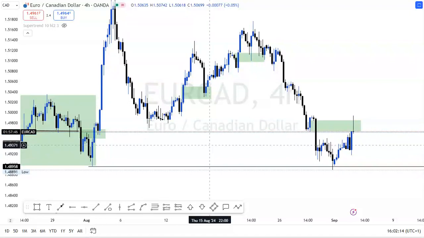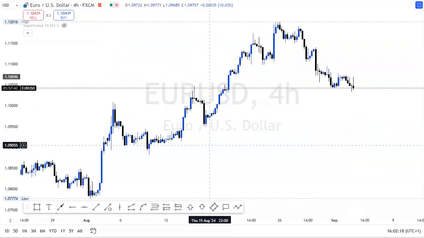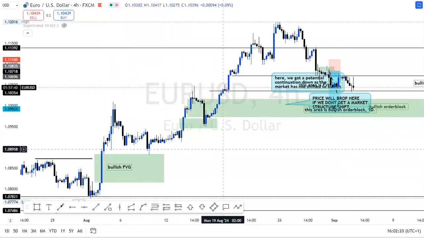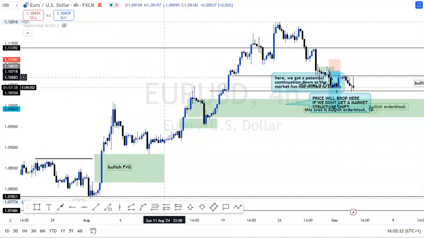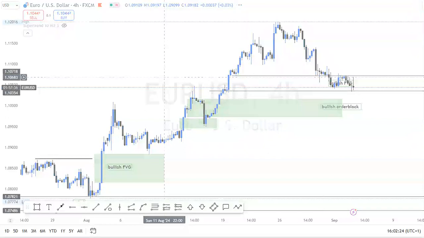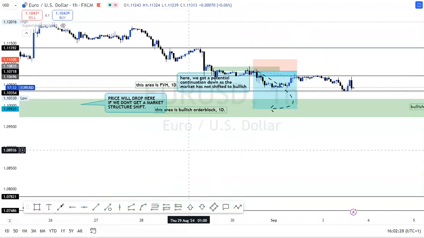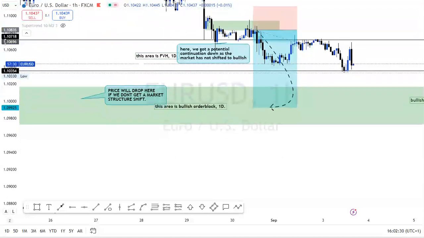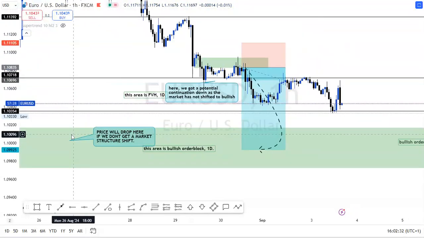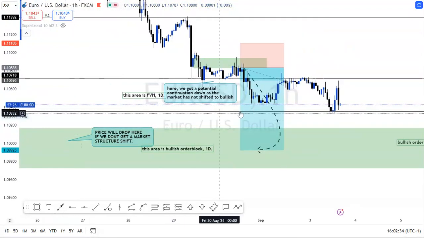Right? So quickly, let us go to the euro dollar. For the euro dollar, I was using the 60 minutes, and I won't be able to analyze it because our time has gone past 30 minutes, I guess.